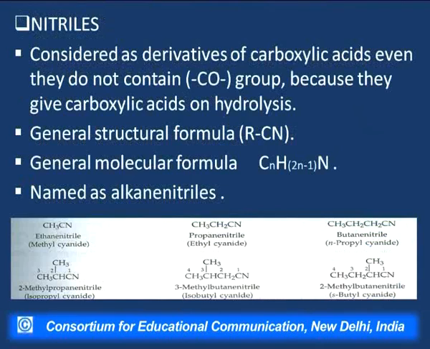Now we go on to the next functional group, that is nitriles. Nitriles do not have a carbonyl group in them, but still they are considered to be derivatives of carboxylic acids because on complete hydrolysis they give us carboxylic acids. And please remember, as in carboxylic acids, the carbon is part of the main carbon chain, so this carbon is to be included in the main carbon chain.